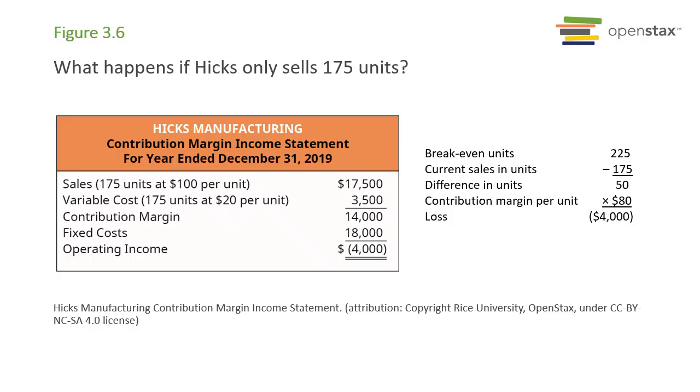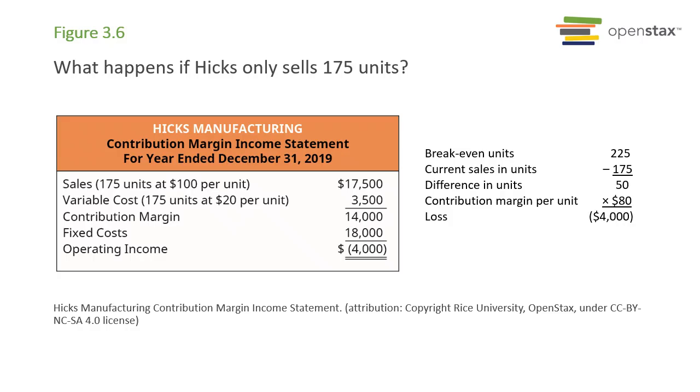So what happens if Hicks undersells, they don't hit their 225 unit requirement? We see that here. We just plug it in. Take out the 225, put in the 175. They'd only make $17,500 in revenue.